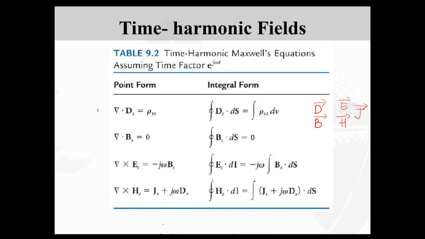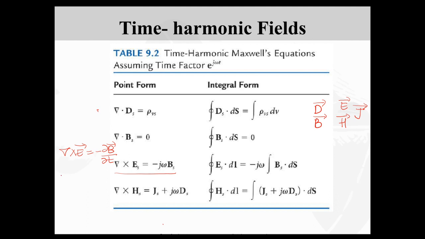As we can see here, del cross E, which is a vector representation, would look like minus del B by del t by Faraday's law. Here del B by del t is replaced with j omega Bs, that is the phasor representation of magnetic flux density.